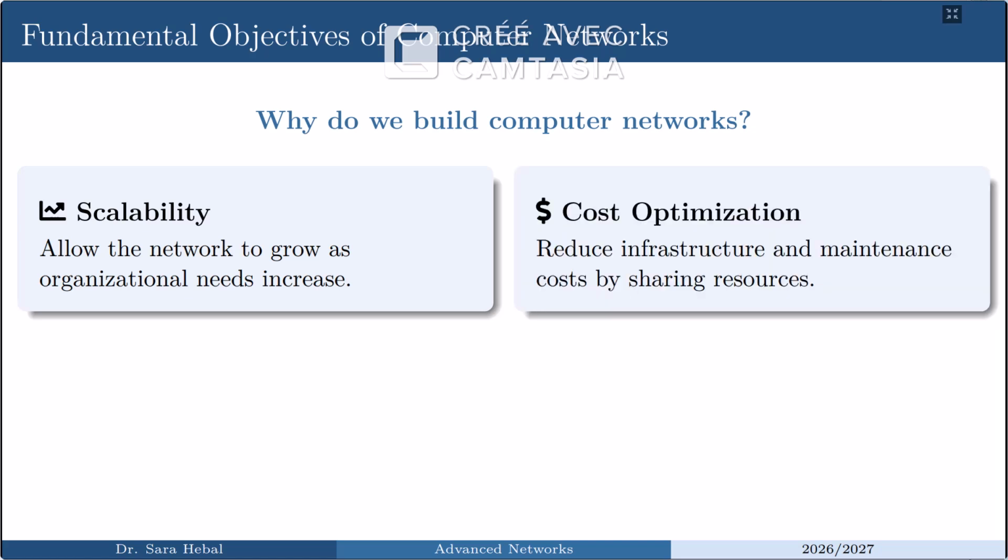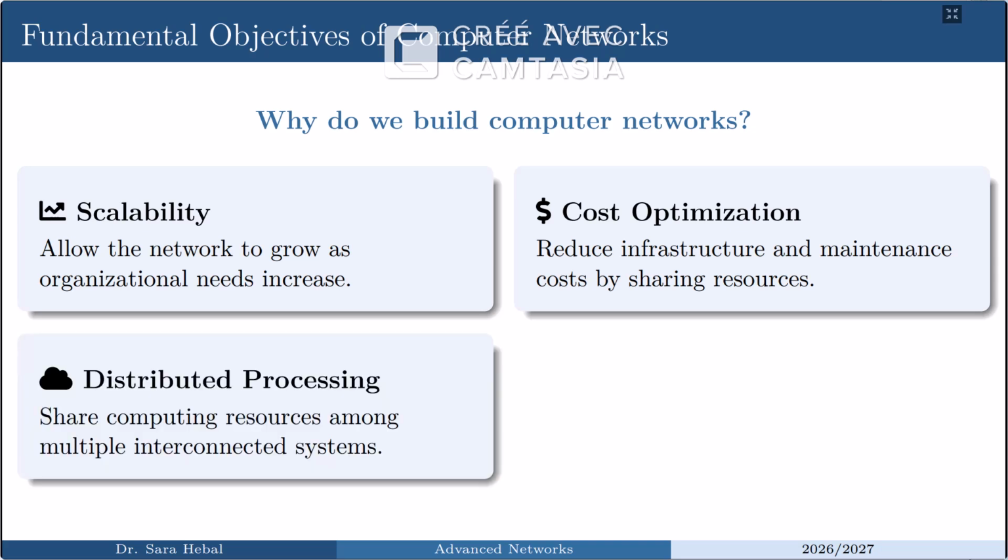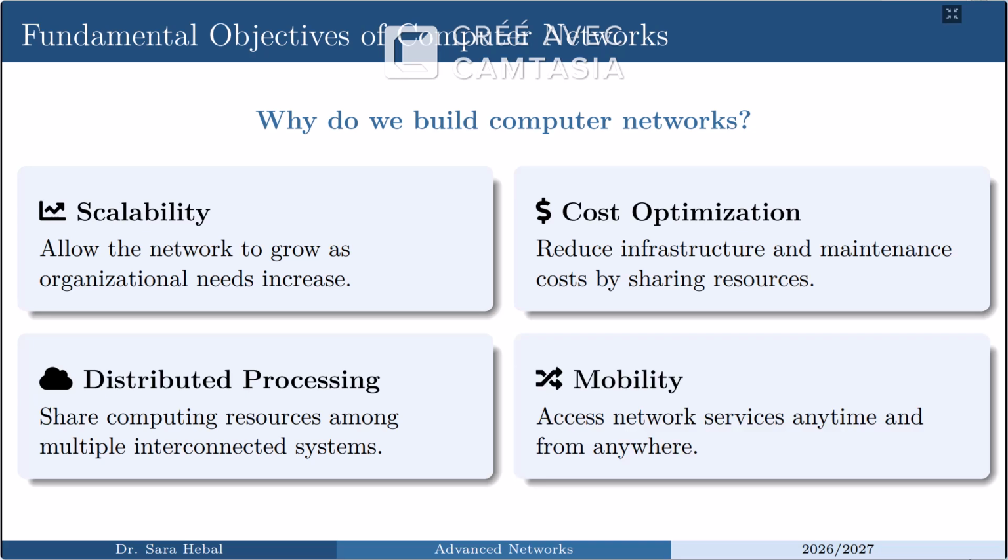Networks also reduce operational costs by centralizing services and optimizing resource utilization. Finally, they support distributed processing, cloud computing, and mobile access, enabling users and applications to communicate from virtually anywhere.